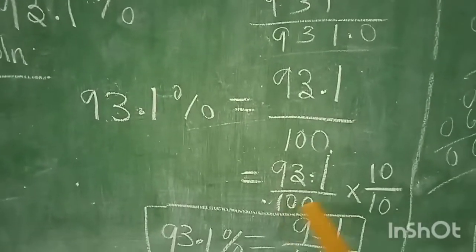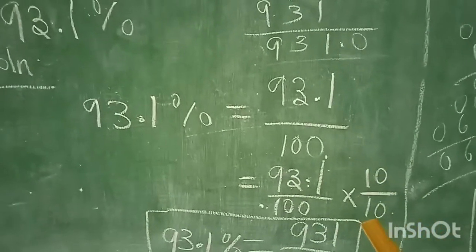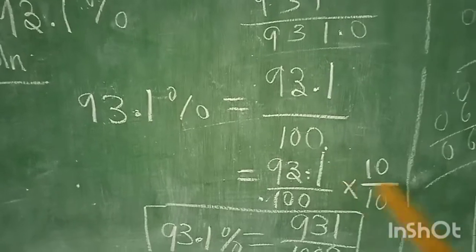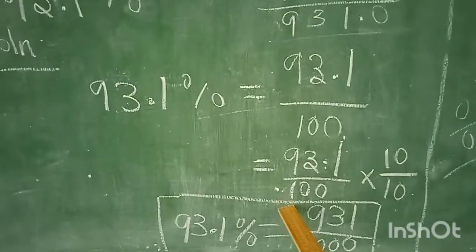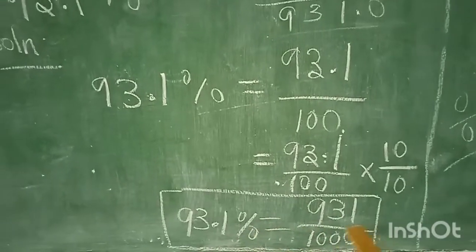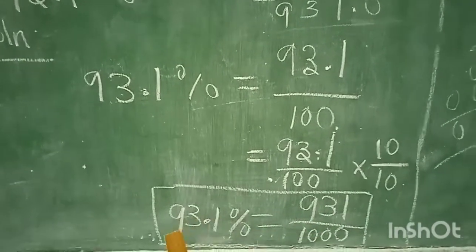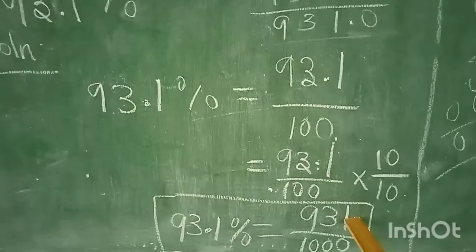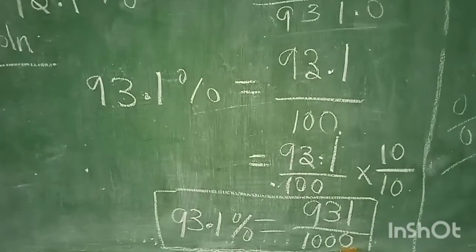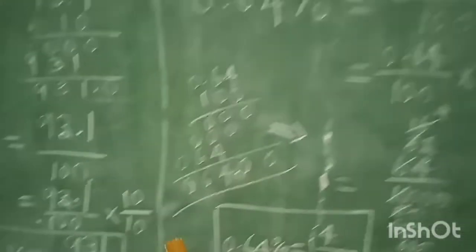Okay, don't forget. So, multiply both the numerator and denominator by 10 upon 10. So, we are getting the answer 931 upon 1000. So, 93.1% equals 931 upon 1000. Okay, we will see the final example.